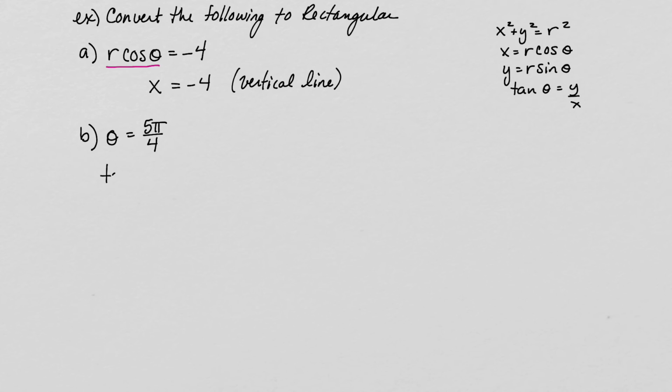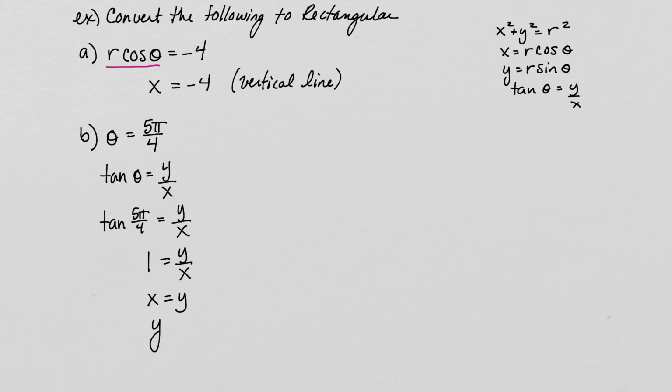We know that the tangent of theta is equal to y over x. So in our case, the tangent of 5 pi over 4 is equal to y over x. The tangent of 5 pi over 4 is 1, so 1 is equal to y over x. If I multiply up, I'd get x equals y.